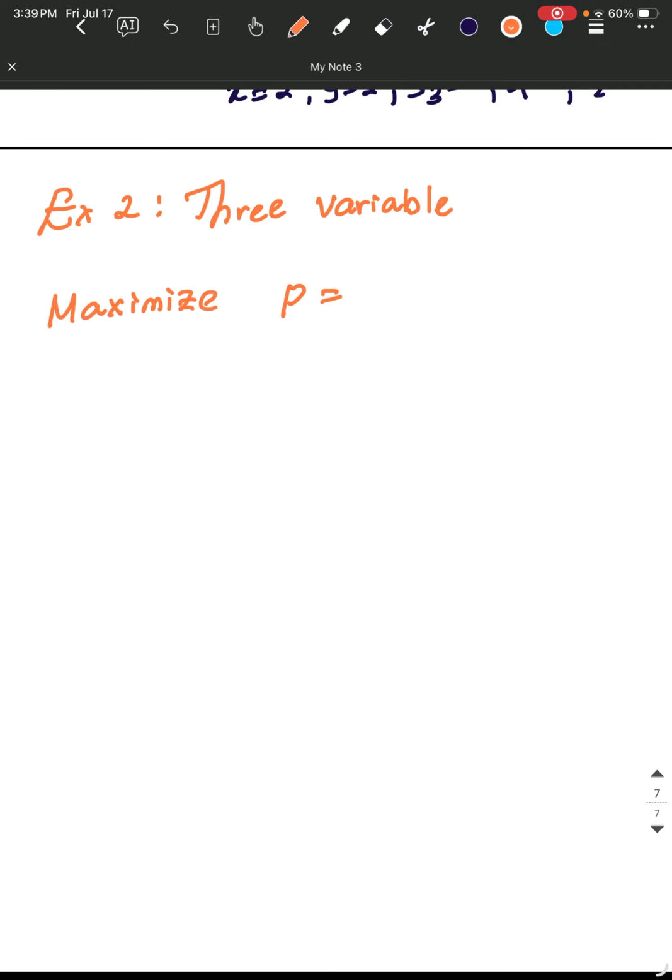So in this example, I am going to use a 3 variable simplex problem. Example 2. Three variable. So maximize the objective function p equals 2x plus 3y plus 4z.